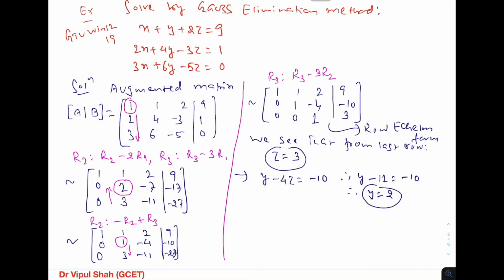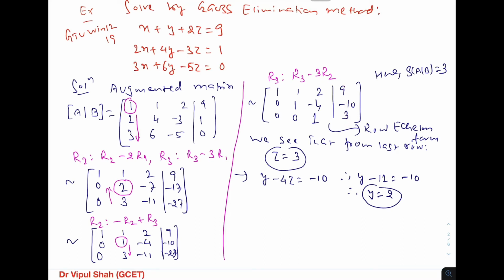Okay, one more thing is here. What is the rank of AB? So rank of AB equal to 3. Now to find the rank of A, we just hide this column. Don't consider this column.